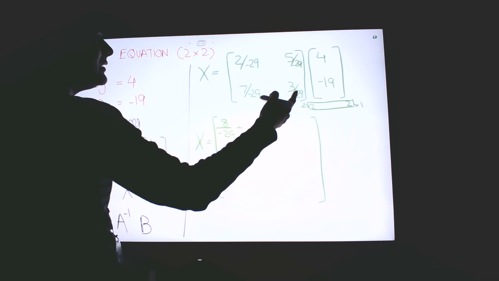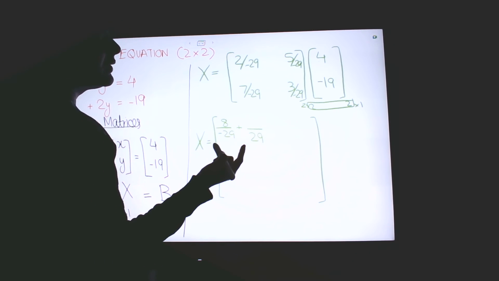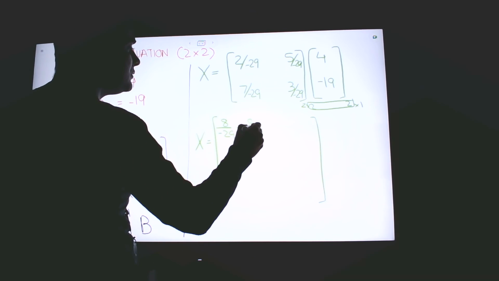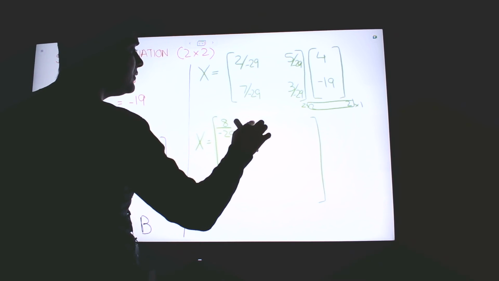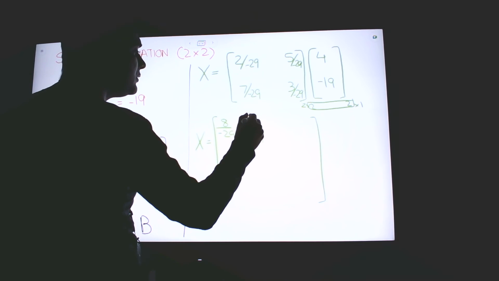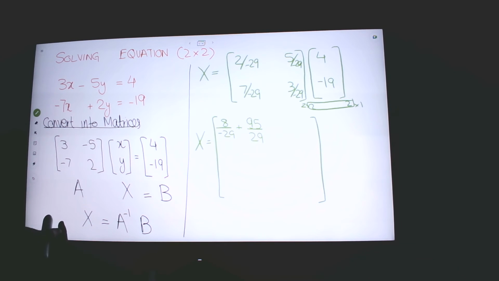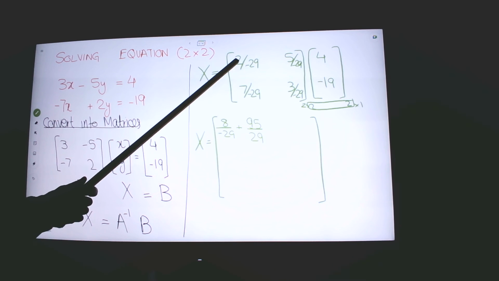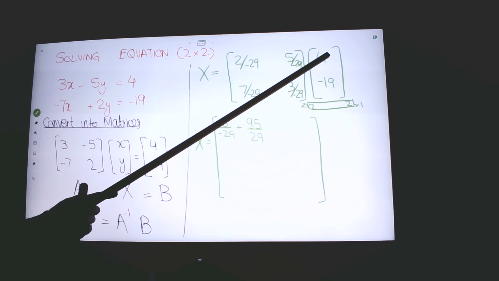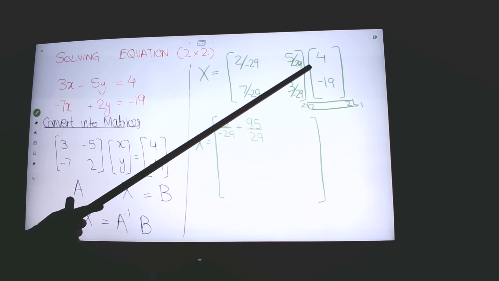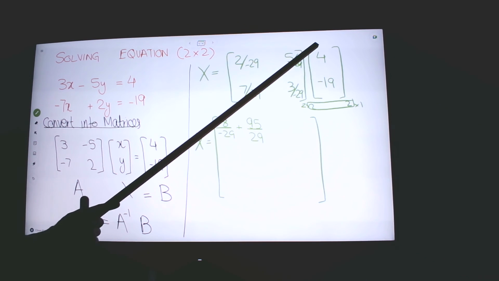What's 5 times 19? 95. I multiply this by that, and then 5 by that, and that by this. Yeah? And now I'm going to multiply that by that.